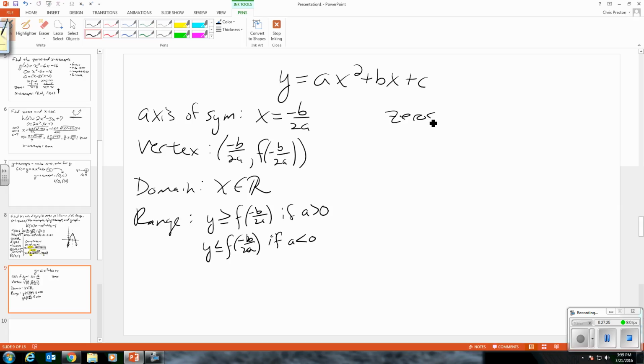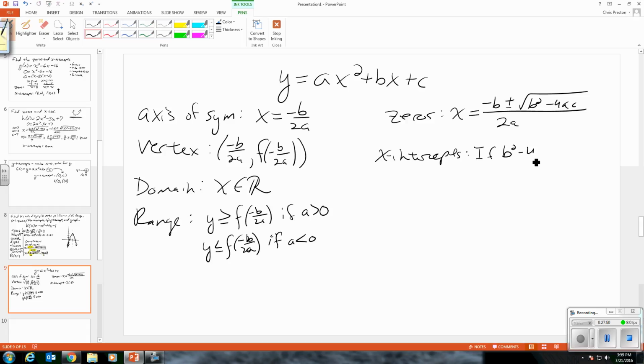The zeros can be found by using the quadratic formula. Doesn't mean you have to. You can factor it, take roots, whatever you want to do. X-intercepts: if b squared minus 4ac is greater than or equal to 0.